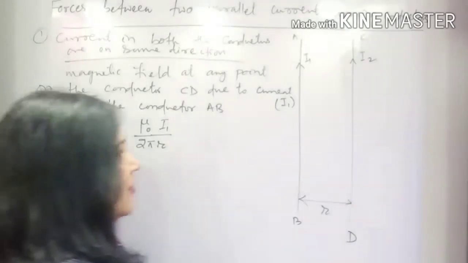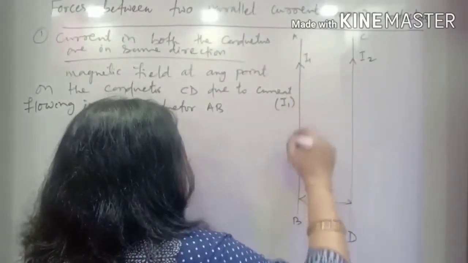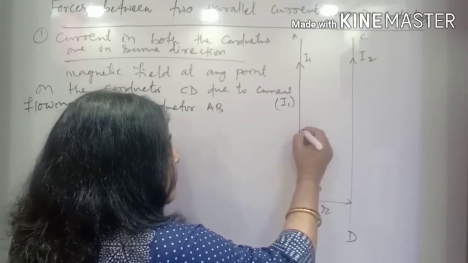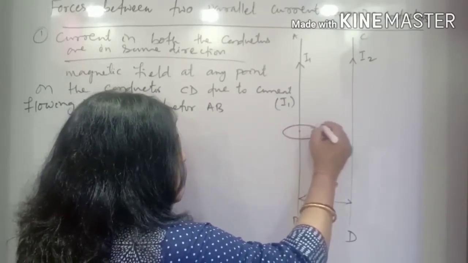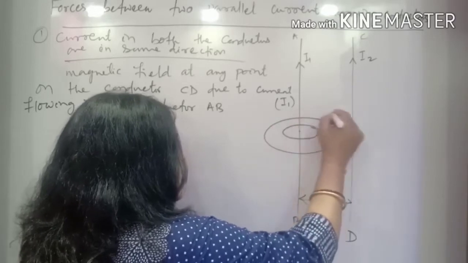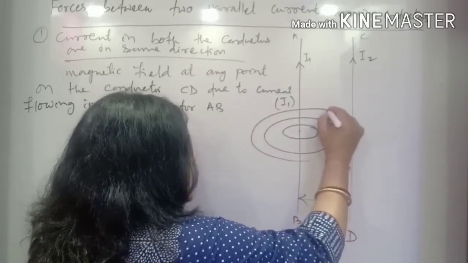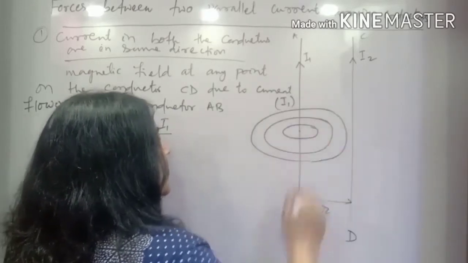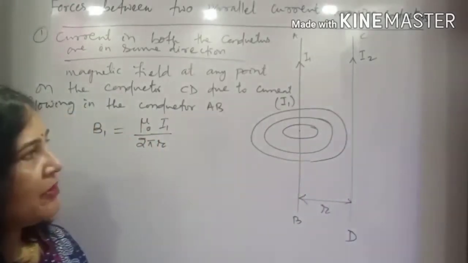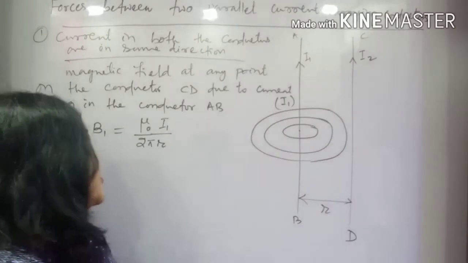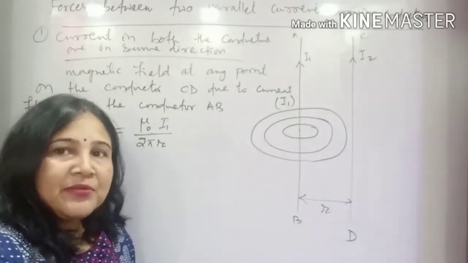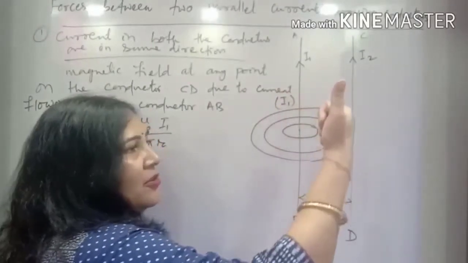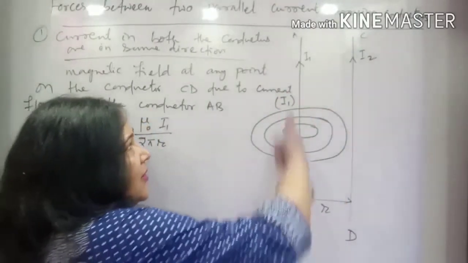Now, if you remember, what will be the pattern of this magnetic field all around this conductor? The magnetic field pattern will be like this, circular, having a common center on the conductor AB itself. Now, to find the direction of this magnetic field, we use the right hand thumb rule.